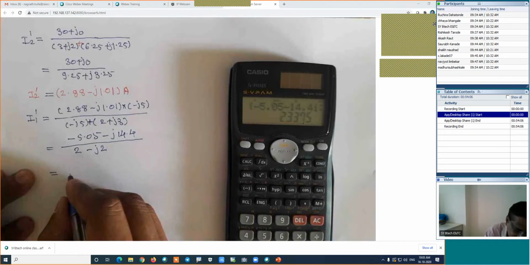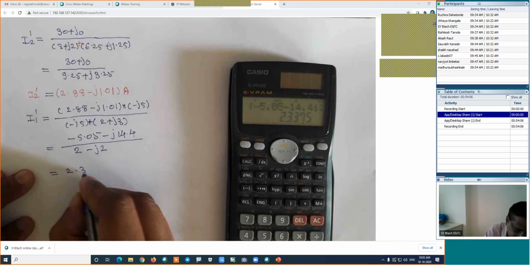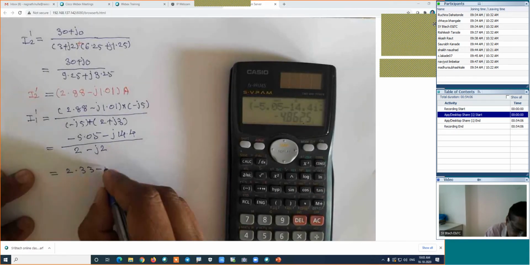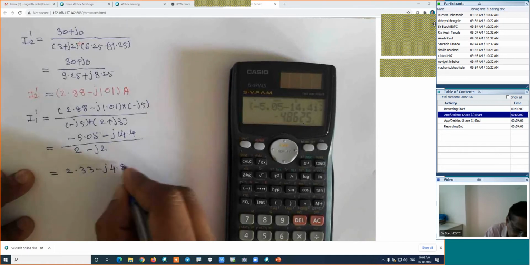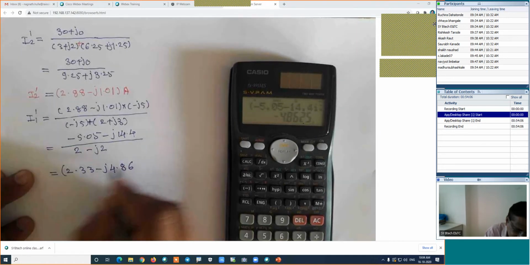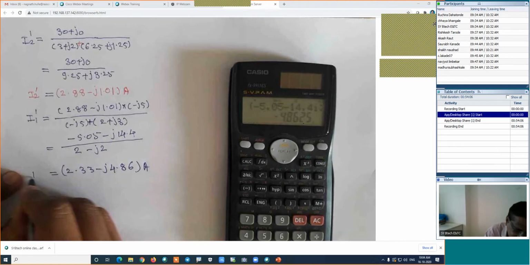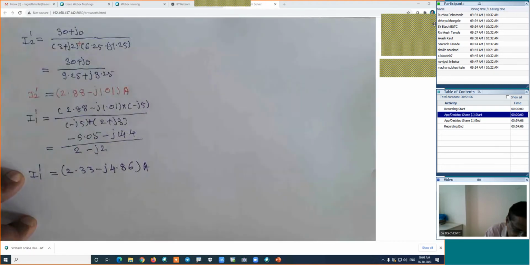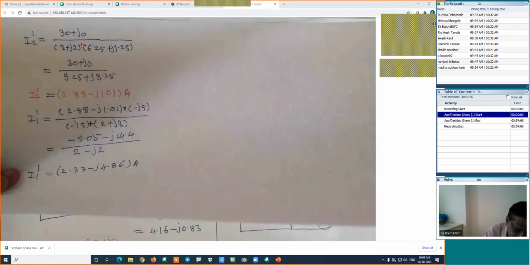This 2.33 is the real part, and shift and equal to minus j4.86, and this is the current in the second branch. That is I1 dash. Now we will verify this particular theorem.